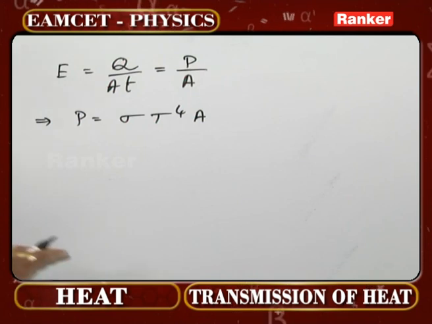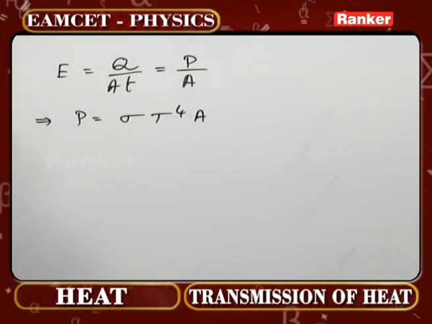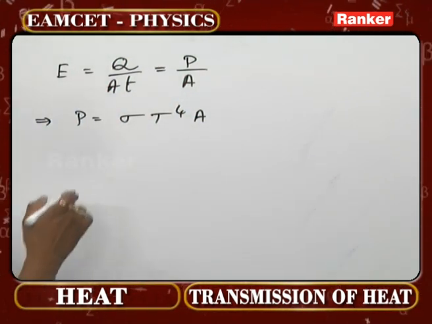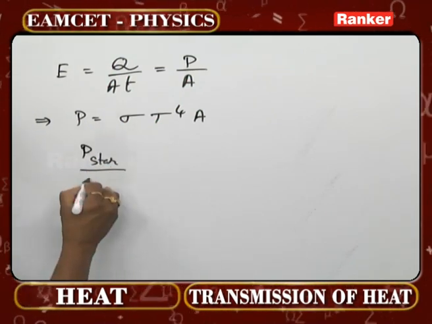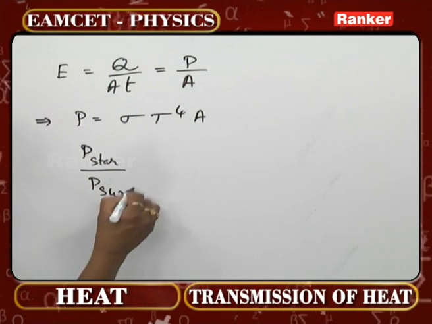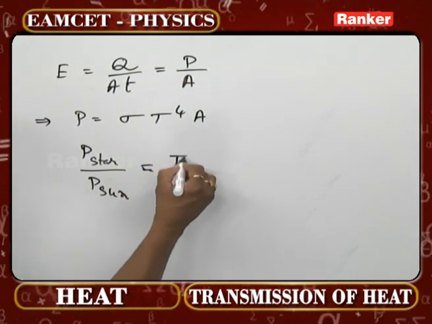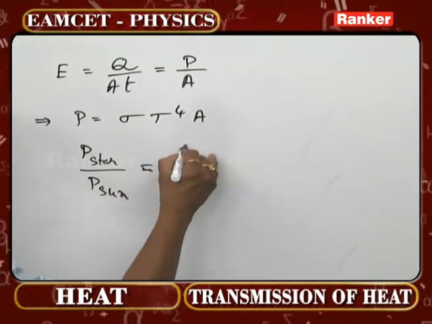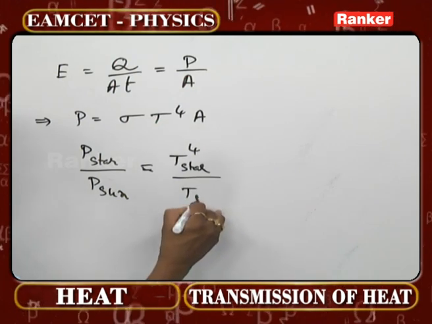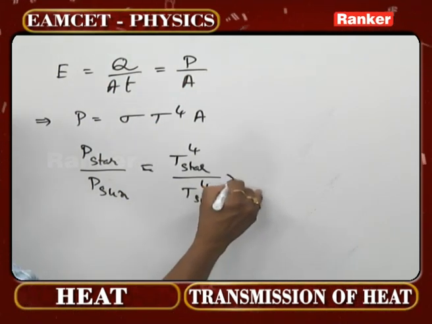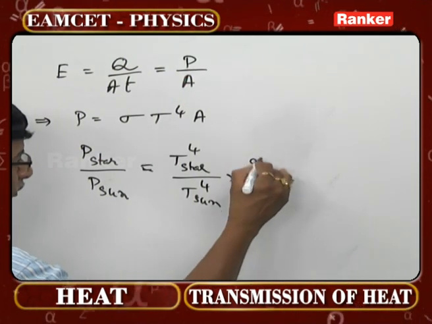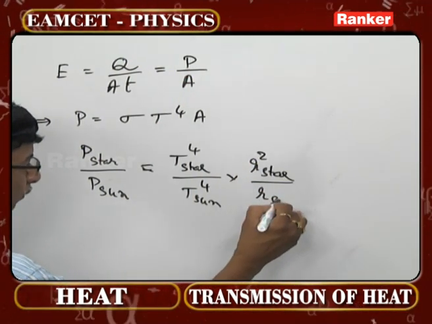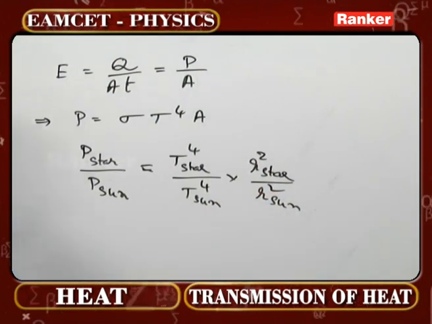So no need for us to take that value anymore. So what is his question here? P of the star by P of the sun, if I take, that is equal to T of the star whole power 4 by T of the sun whole power 4 into radius of the star square by radius of the sun square. This is the formula.